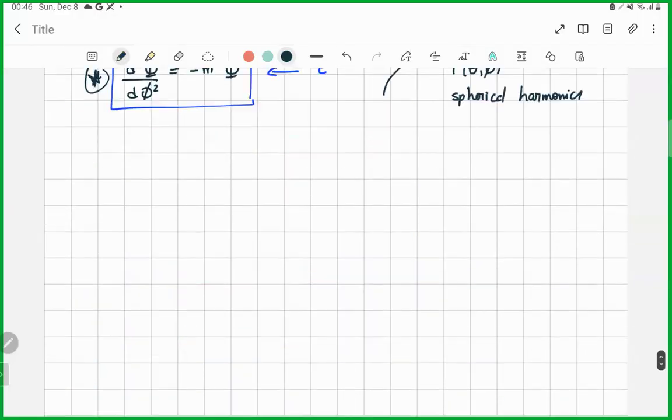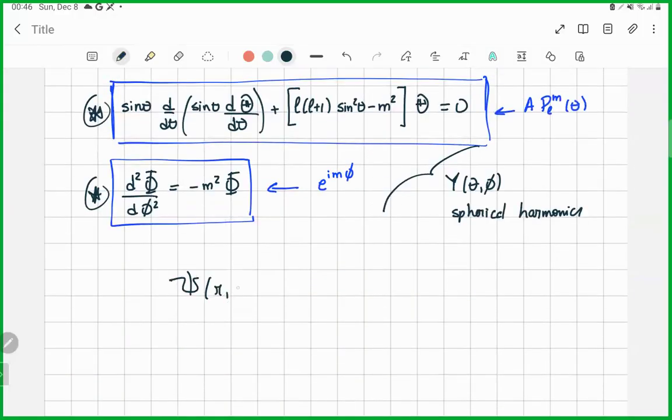The wave function depends on r, theta, phi, and time, right? So we have an equation to get the function of r. We have an equation to get the function of the angles, which are called spherical harmonics, and we already found the part that depends on time, which is this. Okay, well, we'll talk much more about this.